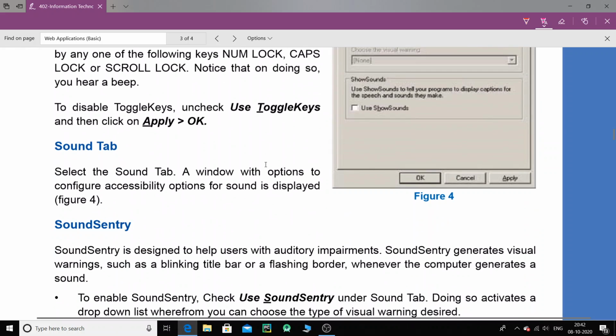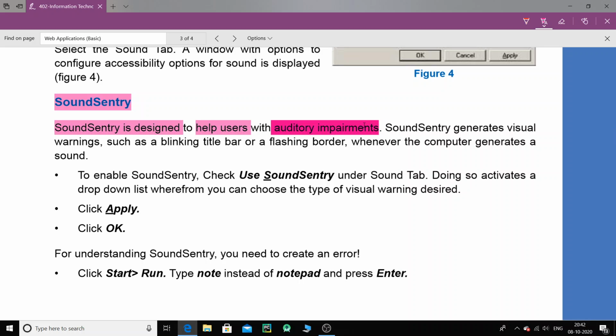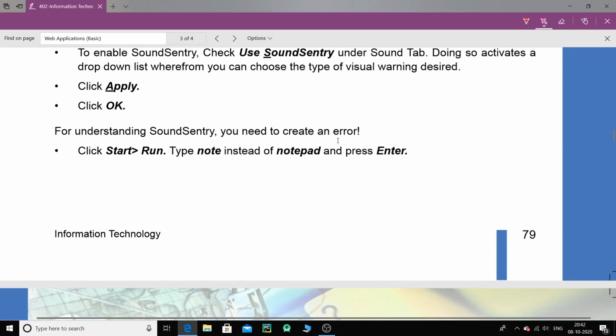Then next is the sound tab. The SoundSentry is designed to help users with auditory impairment. So the SoundSentry feature has been developed for users with auditory impairment.